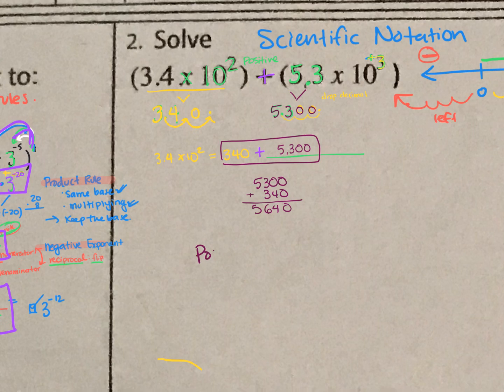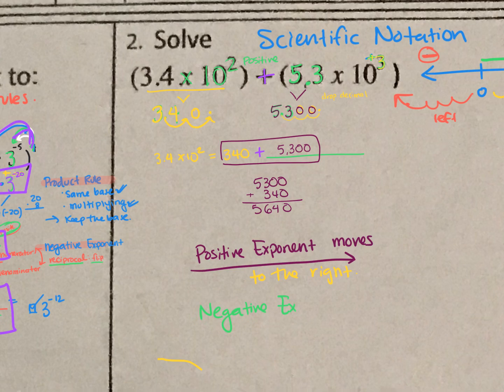A positive exponent in scientific notation moves to the right. And if you have a negative exponent, which way are negatives?